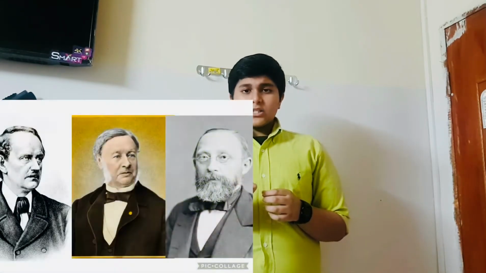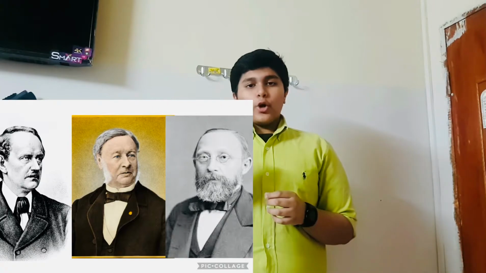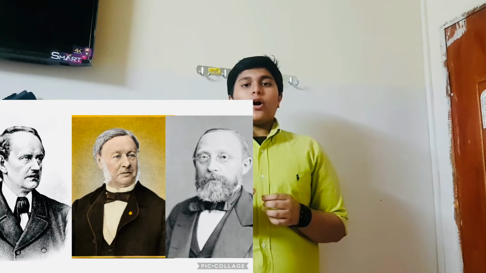Next we are going to learn about the cell theory. Now we learned about the discovery of the cell by Robert Hooke, and now we step to the cell theory. Cell theory came in 1839, proposed by Matthias, Theodor and Rudolf.